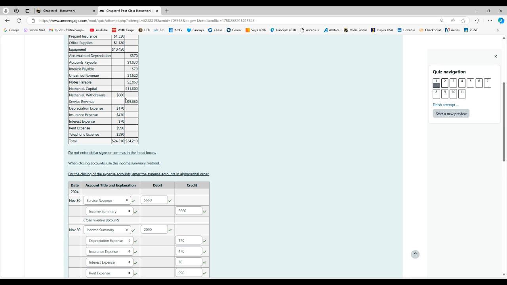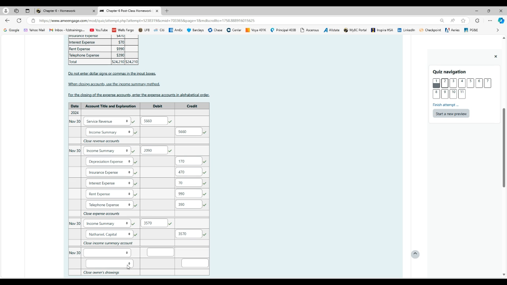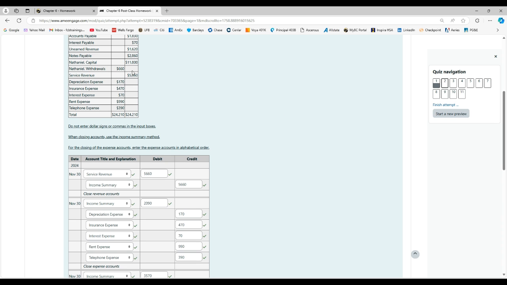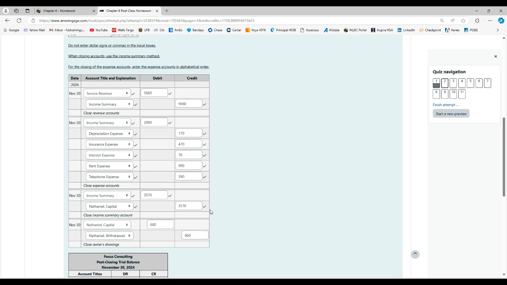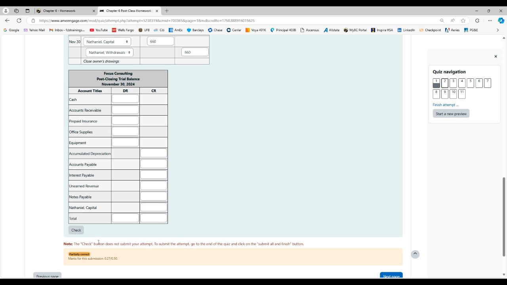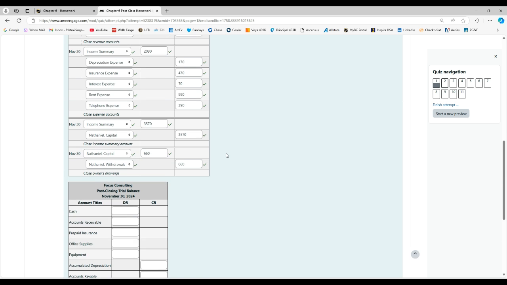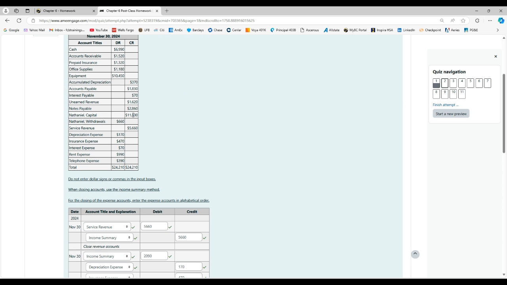And then we just want to close out the draws account. So we're going to credit the draws for 660 to get that to go to zero, and we're going to debit the capital account to reduce our equity by the same amount. And that's all of our closing entries. Again, we're moving all these temporary accounts into a permanent account, the capital account, basically the equity account.